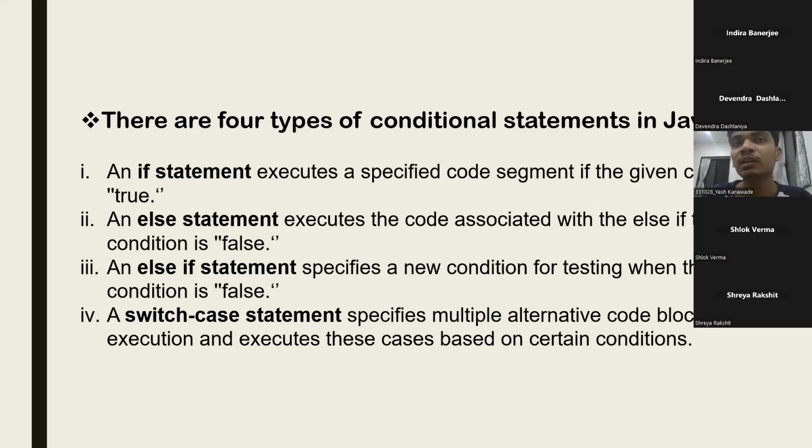So if the condition is not true, then the else block will be executed. Else if specifies a new condition for testing when the if condition is false, which we will see in the next slide. And a switch statement specifies multiple alternative code blocks for execution and executes these cases based on certain conditions.